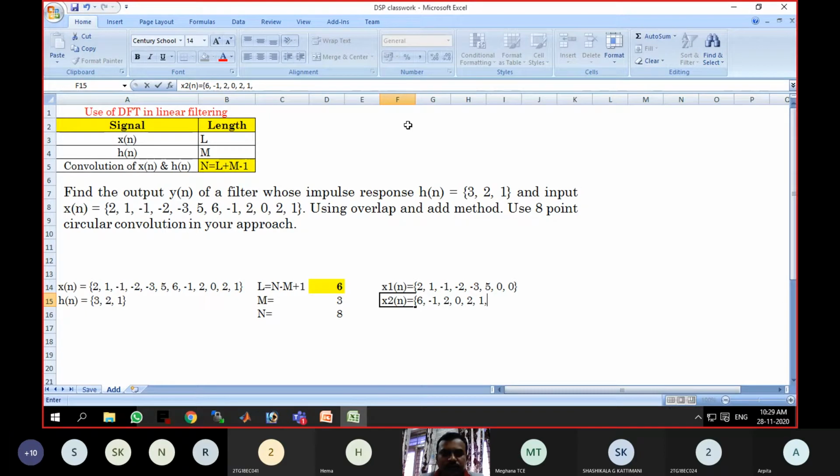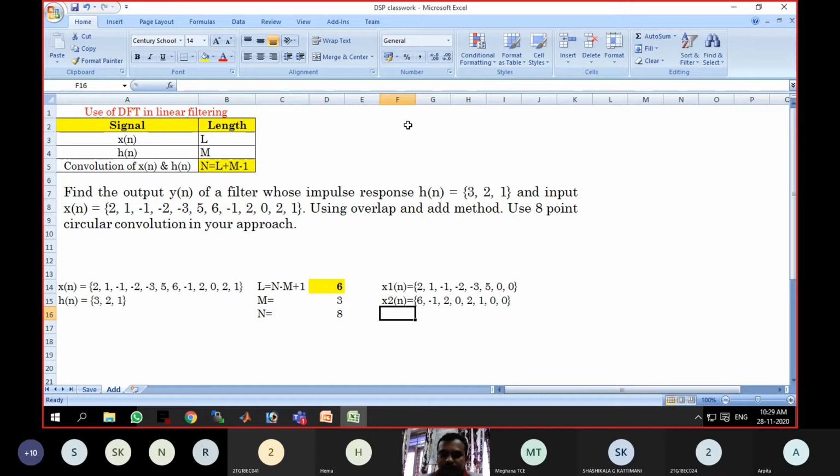So I have the L elements from x of n. Then I need to add M minus 1 zeros at the end, so I have added 2 zeros. If any further bits are available in x of n, we need to go on continuing the blocks until we end up with all elements of x of n. For the given sequence with N equal to 8, it has only 2 segments.